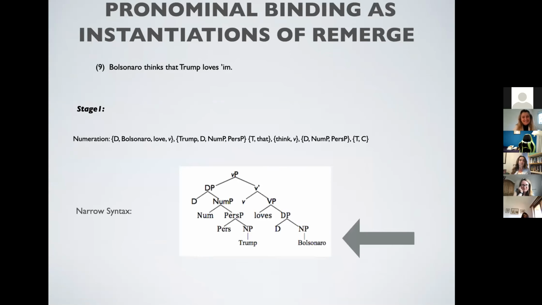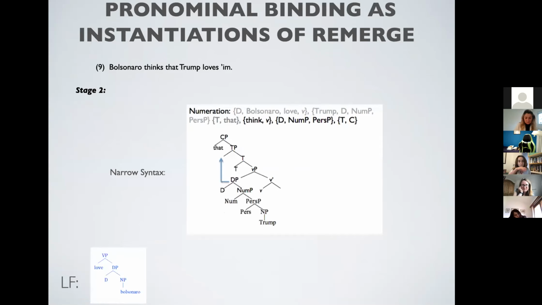So take the sentence, Bolsonaro thinks that Trump loves him, in which you have a weak pronoun. So first you start the derivation by building the complement DP, D Bolsonaro, as I proposed. And then the derivation will follow, okay?